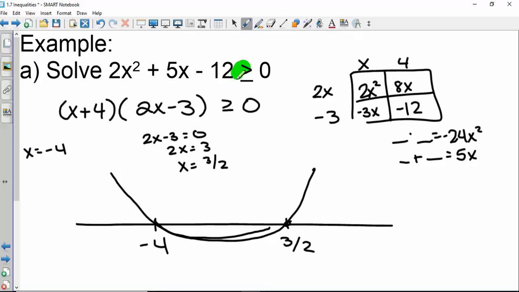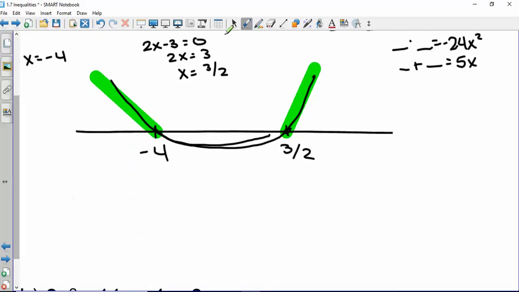This time I asked for greater than or equal to 0. Greater than means positives. My graph is positive where it is above the x-axis, so that's here and here. So I have two separate pieces for my answer.